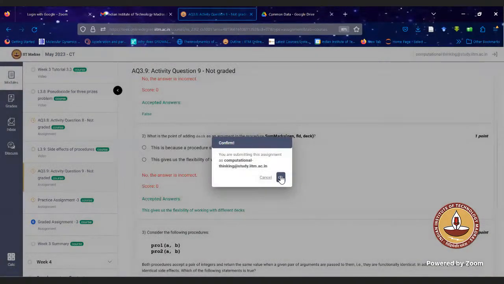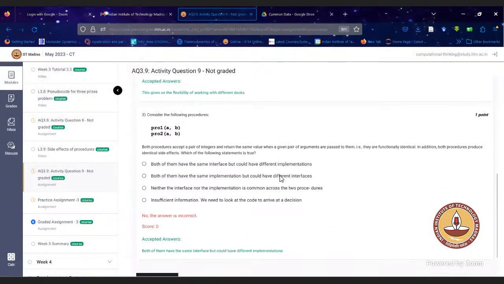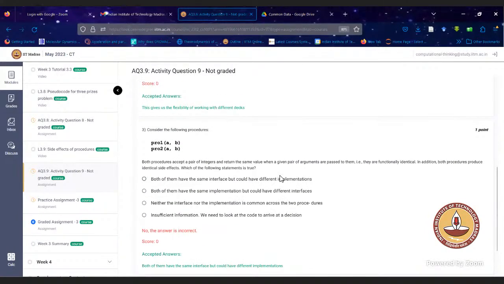Do you want to know what the interface is and what the implementation is? The implementation is that you can have a different pseudocode in the first procedure, and a very different approach used to create different pseudocode in procedure 2.